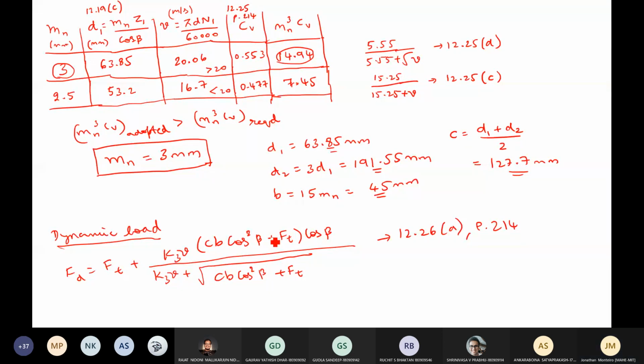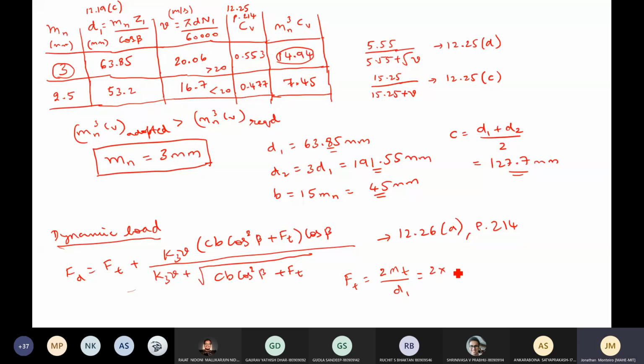Okay, so if we calculate what is Ft here, since Mt is already calculated, Ft can easily be calculated. Ft is equal to 2Mt by D1. Okay, what is this we have seen when discussing the spur gear? It is nothing but Ft into R, which I have rewritten in some other way.